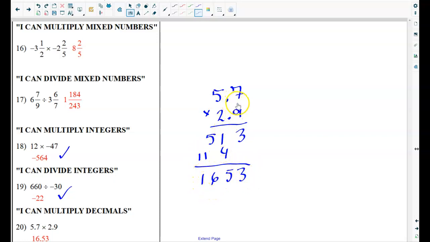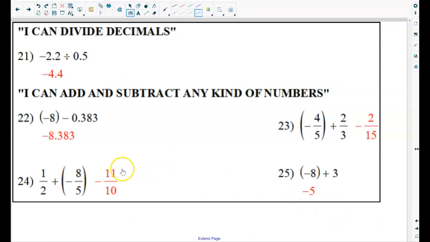And then, of course, like we have in our notes, you count the bunny hops, right? We ignored the decimals at first, but now we have to take account. It's 1 bunny hop there, 1 bunny hop there. We move it 2 bunny hops, so we get, alright. And let's cover the last 5. I can divide decimals, okay?